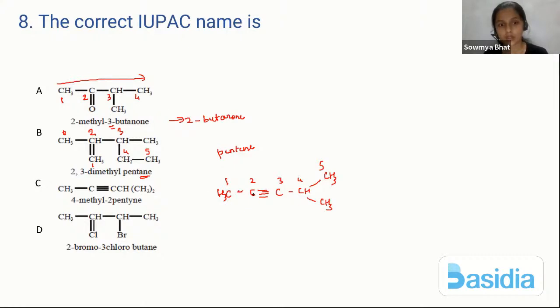And at the 2nd position, you have a triple bond. And there are 5 carbon atoms in the main chain. So the correct IUPAC naming would be the option C. And see, just the option D, there is a double bond between CH and the Cl, which is not at all possible. Okay, so the correct IUPAC name would be option C.